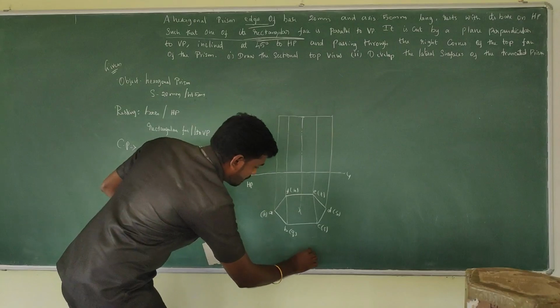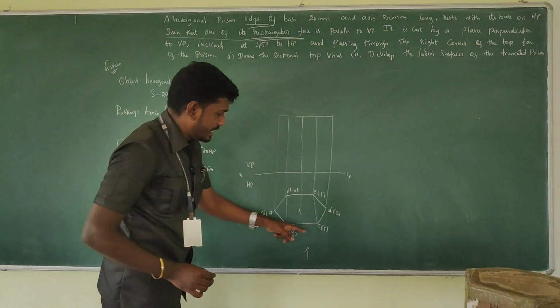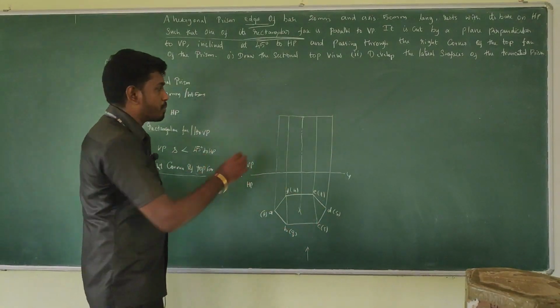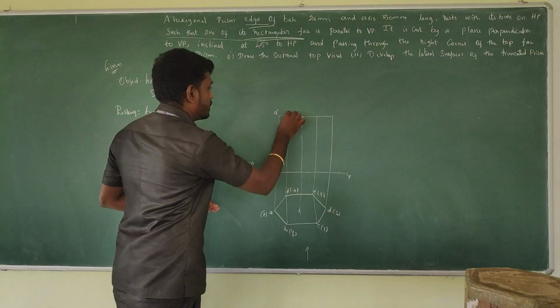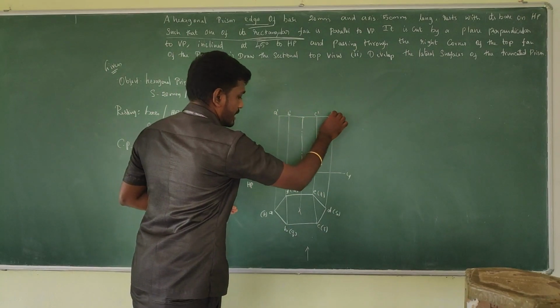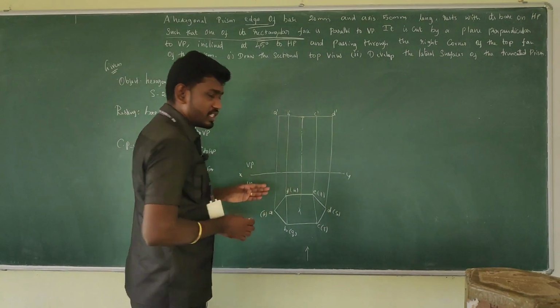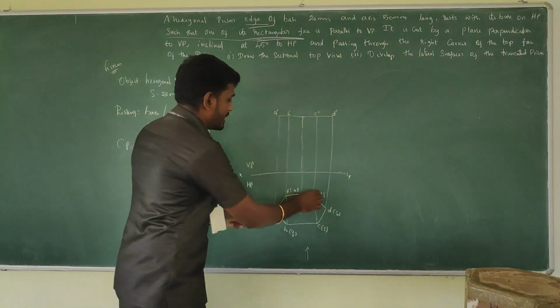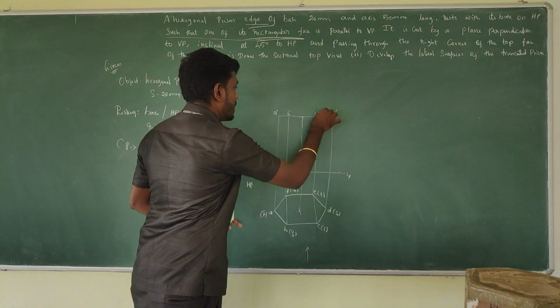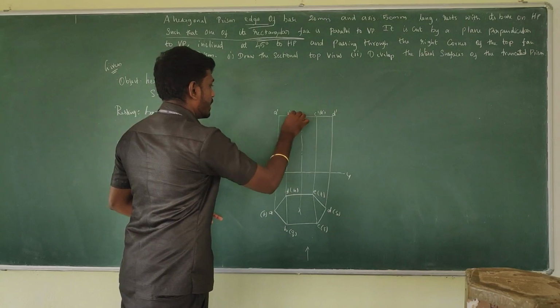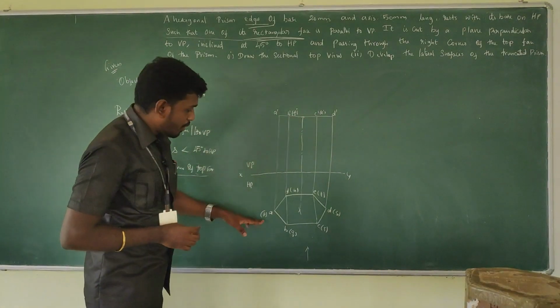When you are looking from the front, A, B, C, D will be visible for the top. A dash, B dash, C dash, D dash will be visible. E and F will be invisible. What about the bottom base?